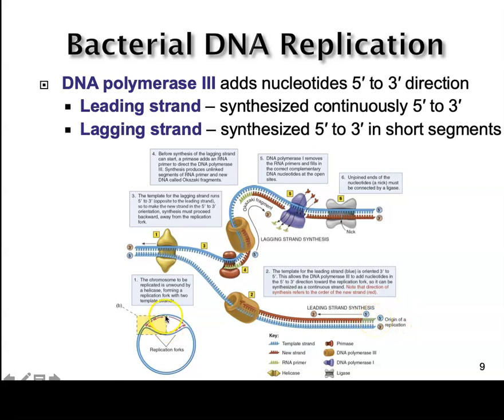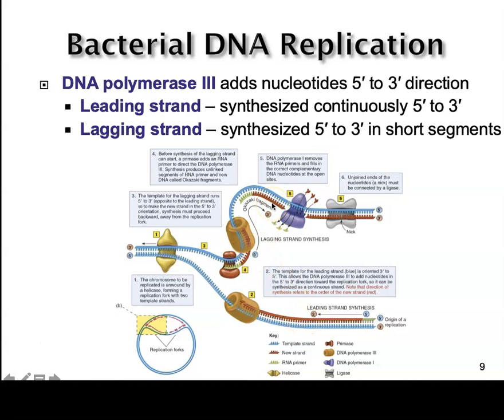That's where the opening happened. So it opened up. There was a little bit of RNA primer added, and the enzyme that does that is the primase. So it adds a little bit of RNA, and then DNA polymerase 3 starts synthesizing, meaning it adds nucleotides, and that continues. This is called the leading strand.